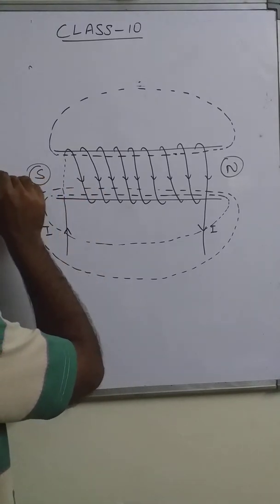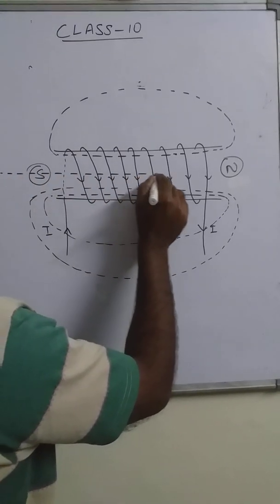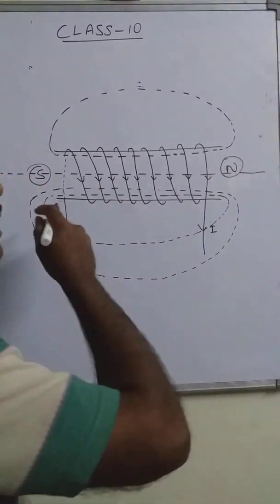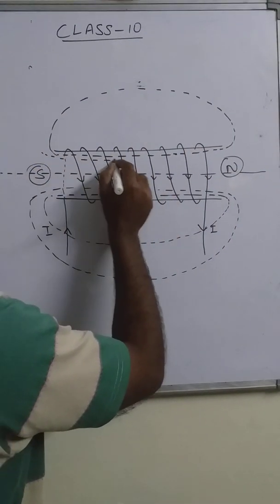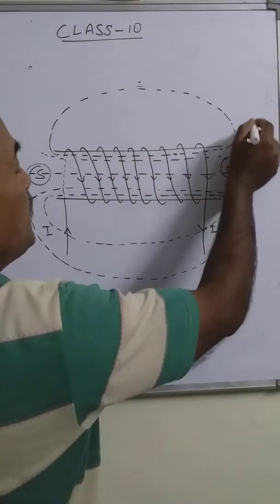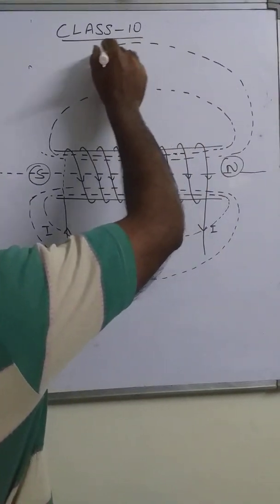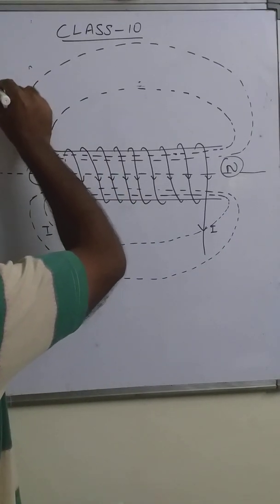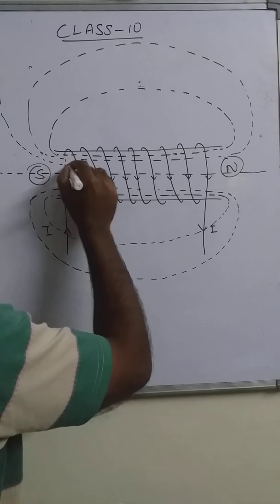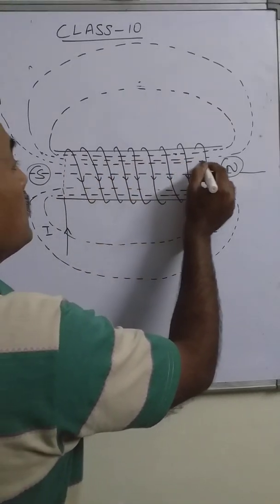And then at the center, let me draw the line at the center first. That line will be approximately straight, and another line. So these field lines should be drawn symmetrically, and one more line here.